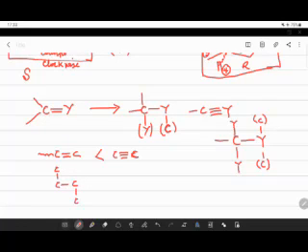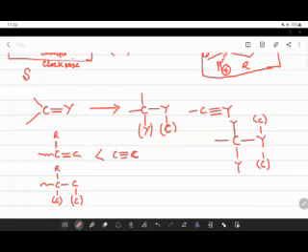And this will have another carbon. And that will have another carbon, depending on which group is there. Let's just say this one is an R, just so that we can distinguish between them.